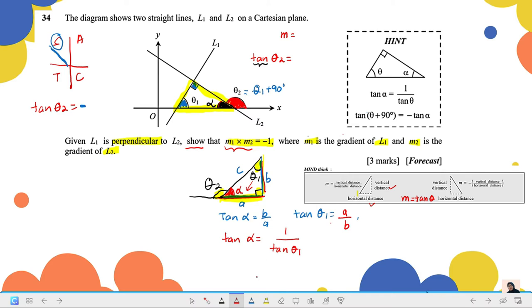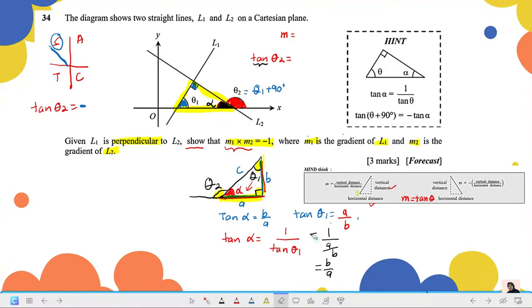Because this is B over A, and this one A over B. So 1 over tangent theta 1 is A over B, right? So after you modify, it becomes B over A. So that's why tangent alpha is 1 over tangent theta 1.